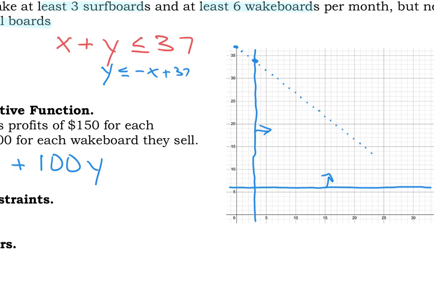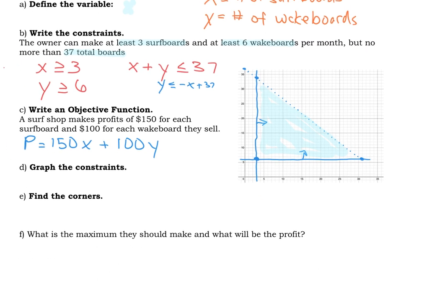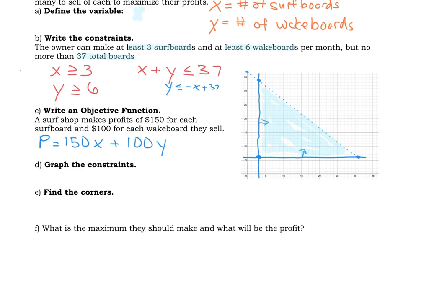Yes, you can hear me click, click, click. But notice I'm going down 1 over 1 to get every point. So now here are my corners. And since that's less than, my shaded region is in here. Now I'm going to put this back down so I can see it.